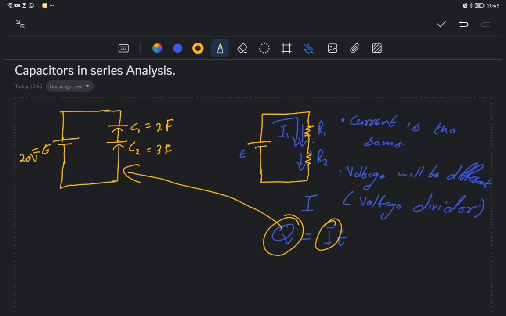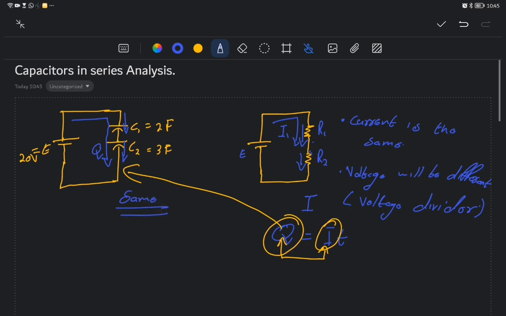So you'll see that the charge has the same direct relationship with the current. Meaning the same analysis on the right side: there won't be current flowing, but there will be charge. So there will be Q. And Q flowing in the first capacitor and the Q flowing in that section is the same.